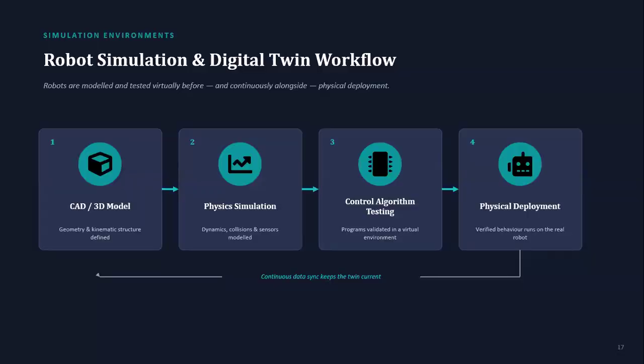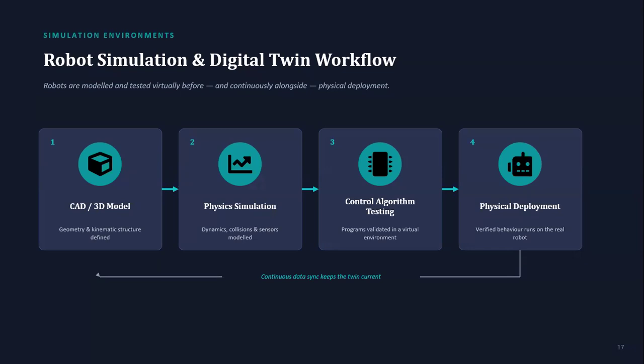The importance of robot simulation and digital twin. Let us see some of the basic information regarding that. Before deploying a robot in a factory, engineers create a virtual model. In developing the virtual model, we have to see the basic geometry of a robot, its physical motion, collision detection, and control algorithms.